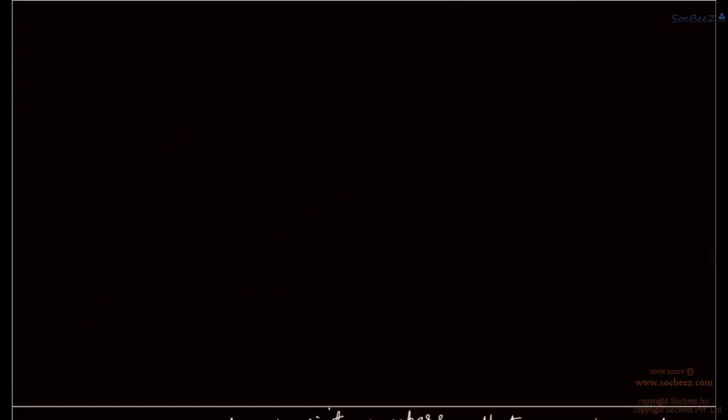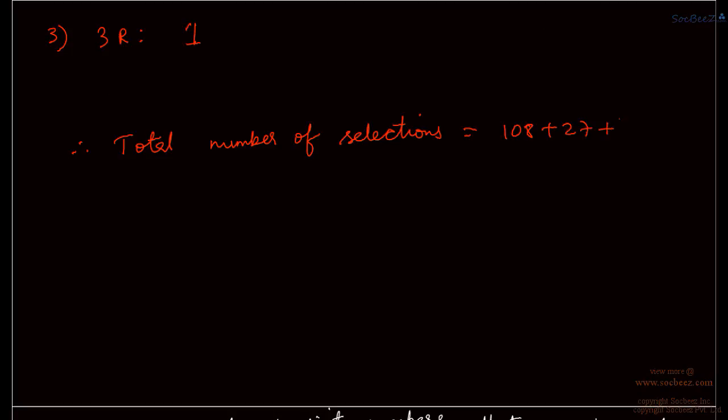Okay. The third is, well, all the 3 are red. This can obviously be done in only one way because there are 3 red balls. So this is 1. Therefore, the total number of selections is 108 plus 27 plus 1, and that is 108 plus 28, that is 136.